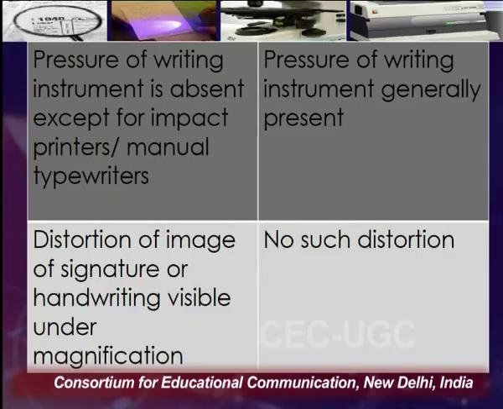Under magnification we see distortion of the image of a signature or handwriting, but there is no such distortion in genuine handwritten signatures. This can be identified whenever we examine any printed or handwritten documents. Whenever we magnify, we see things which are not visible to the naked eye.